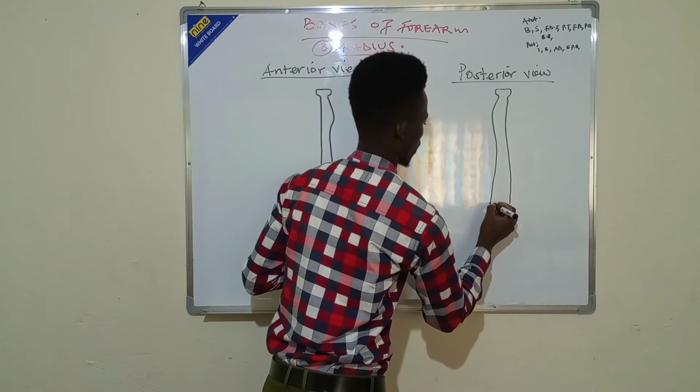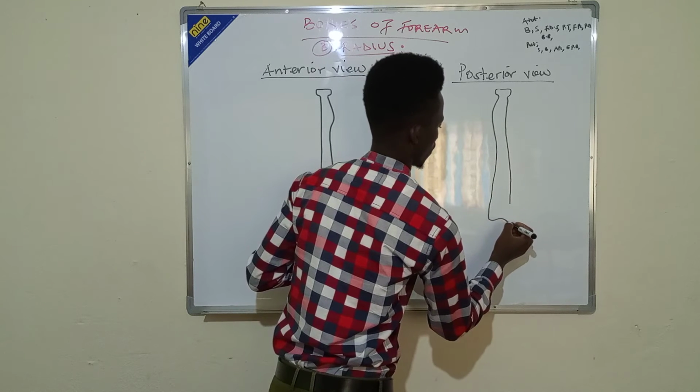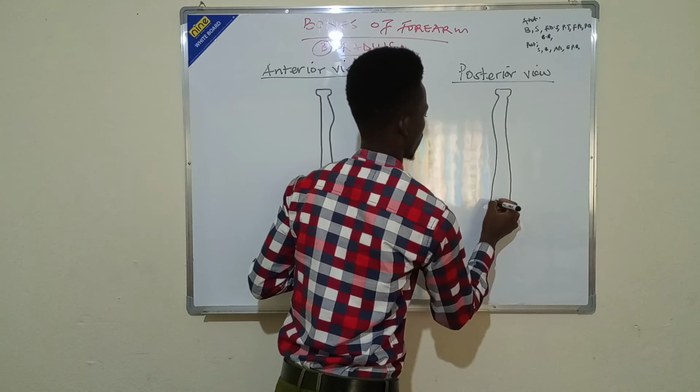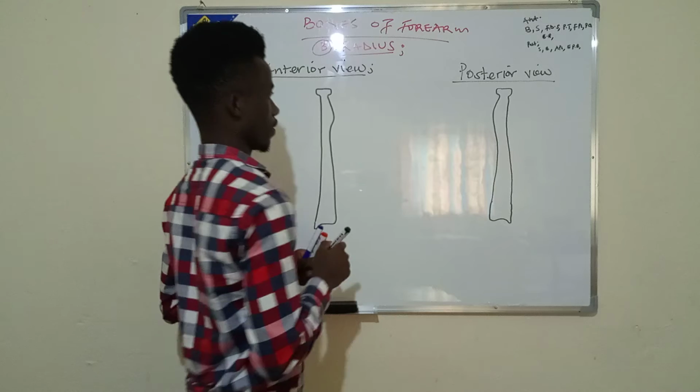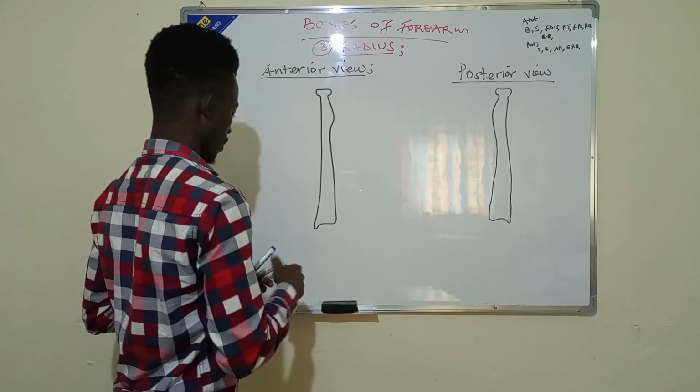So this will come down, forming that. So this is the anterior view and that's the posterior view.